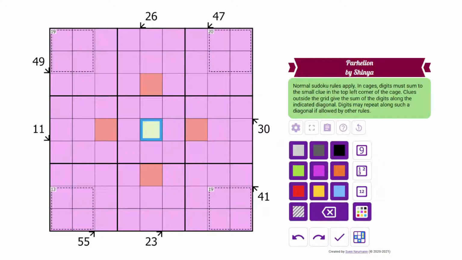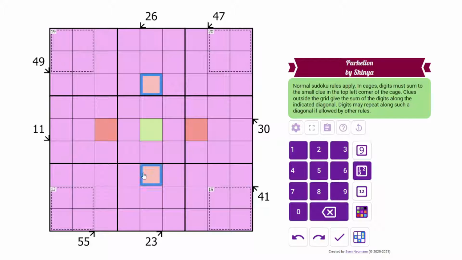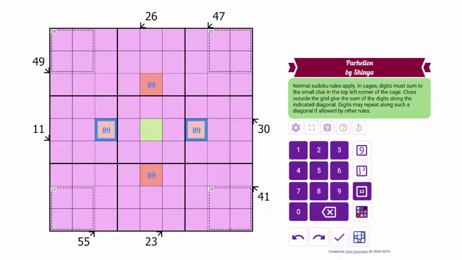Okay, so I'll copy 514. 45 times 9 is 405. So the difference is 109. So if these have to be different, maximally they could be 9-8. Maximally those could be 9-8. So given that they all add to 109, 9 plus 8 is 17. Times 4 is 68. Times 4 is 272.